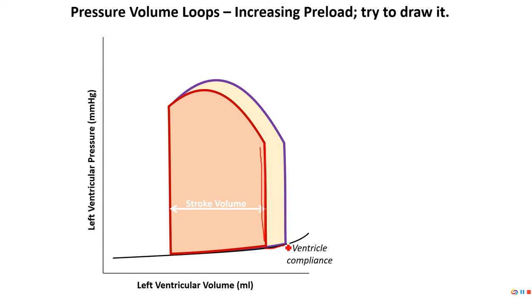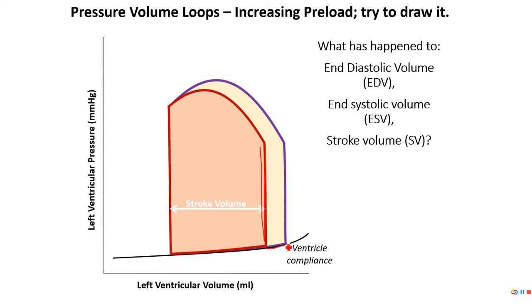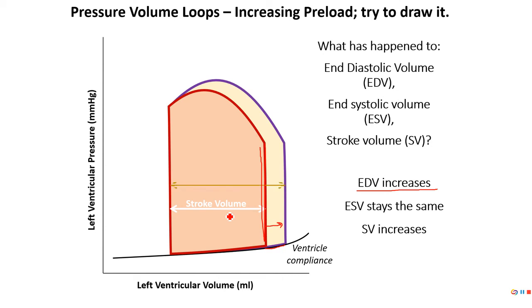And so what does that do to end diastolic volume, end systolic volume, and stroke volume? Well, as you can see, and I just mentioned, end diastolic volume increases. Okay, so it goes from here to here. End systolic volume stays the same, but because I increase end diastolic with end systolic staying the same, stroke volume increases.